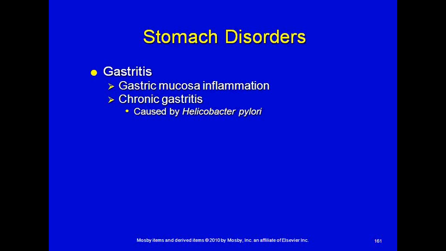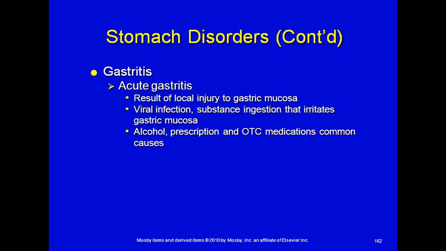And then they found out that, well, if you have this certain bacteria in your GI tract, you have a tendency to get gastritis. Acute gastritis is a result of local injury to the gastric mucosa.